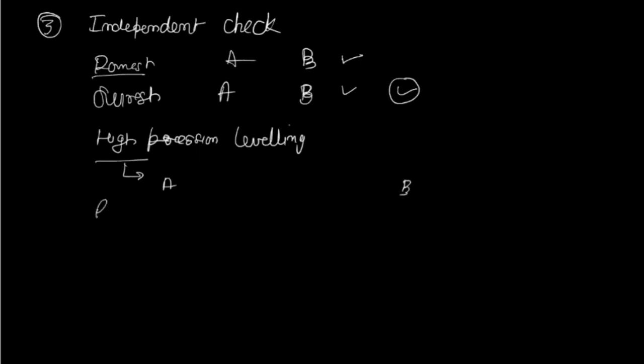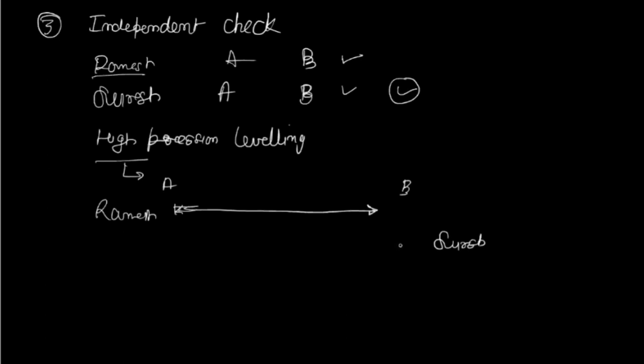An observer, let's say Ramesh, is doing the leveling operation from A to B in this direction. Then for the independent check, I will deploy Suresh with a new, different instrument. The observer is also different, and also at a different time.